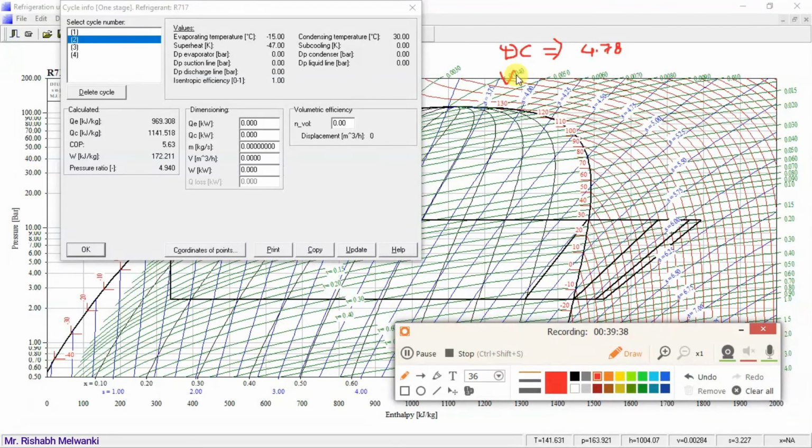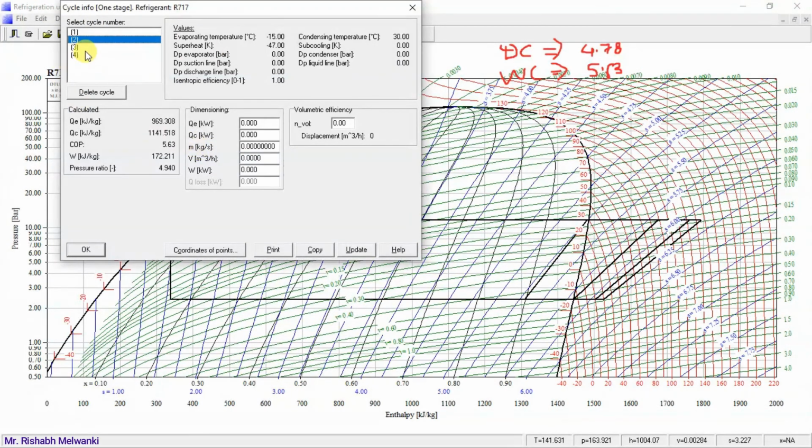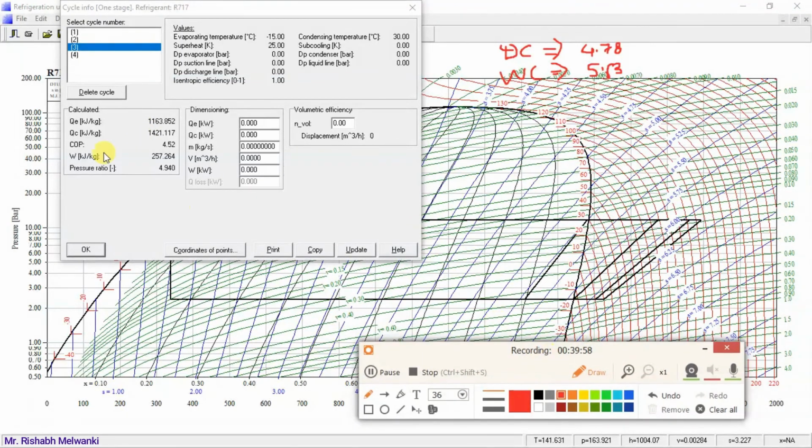For wet compression, the COP has increased. What is that value? 5.63. Now if you consider 10 degrees Celsius of superheating at the inlet of the compressor, that is cycle number 3. For cycle number 3, what is the COP? 4.52. So for superheating case 1, the COP is 4.52.